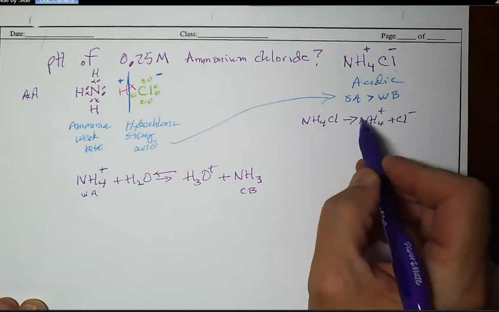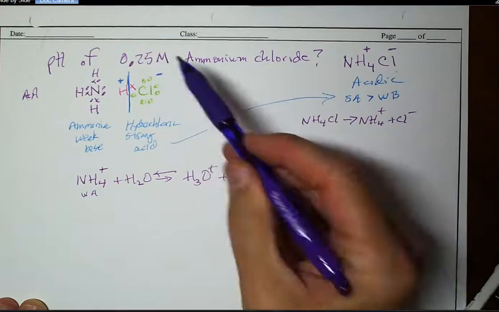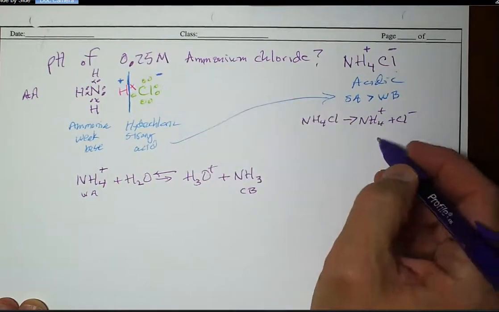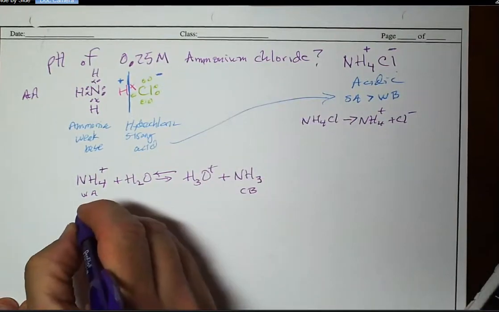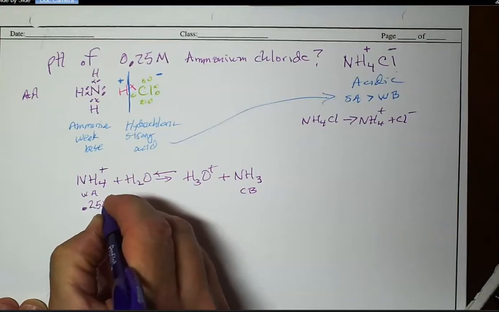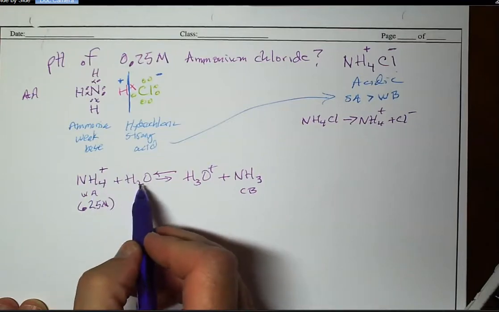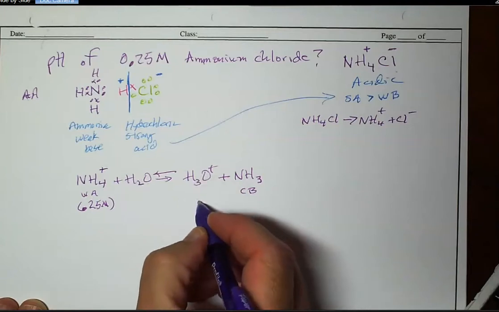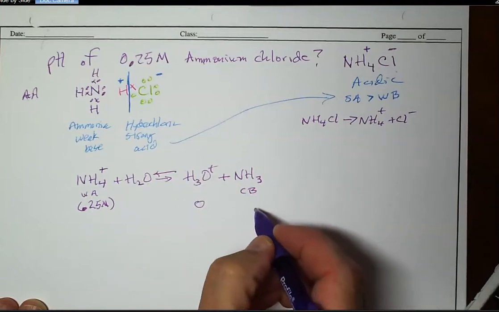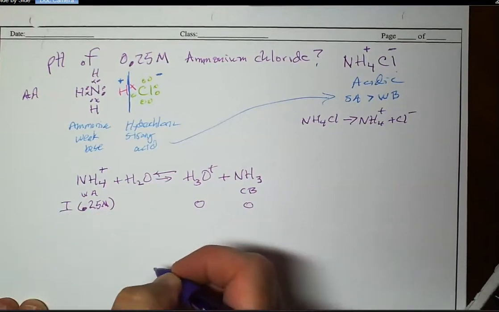If this was 10 molar, this would be 10 molar. Since this ammonium chloride is 0.25 molar, the ammonium is going to be 0.25 molar. So I'm going to bring that down here. That initially, our ammonium concentration is 0.25 molar. And until it starts donating protons to water, we have essentially no hydronium and no ammonia. So those are our initial conditions.